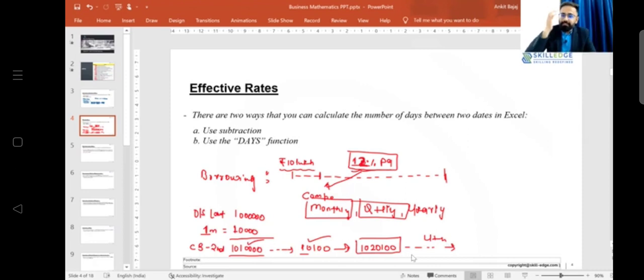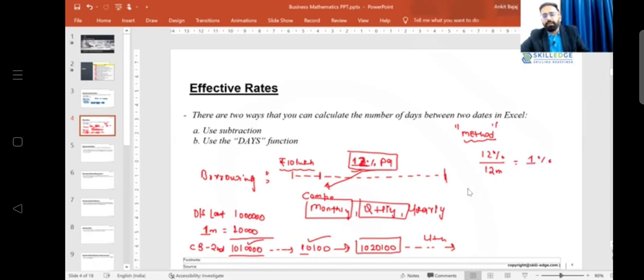So you might be thinking, sir, that the 12% concept is not applicable here. Now you have to calculate the effective interest, and with the help of Excel it is very easy to find out. Generally, if we want to calculate the interest rate, we follow this method: we divide 12% by 12 months and get 1%.